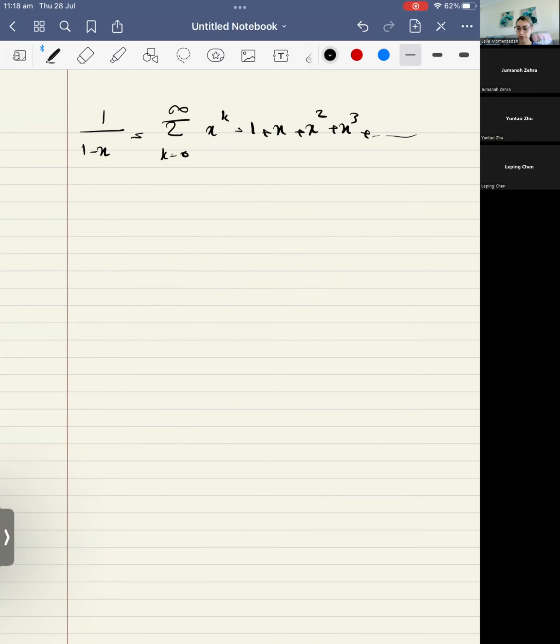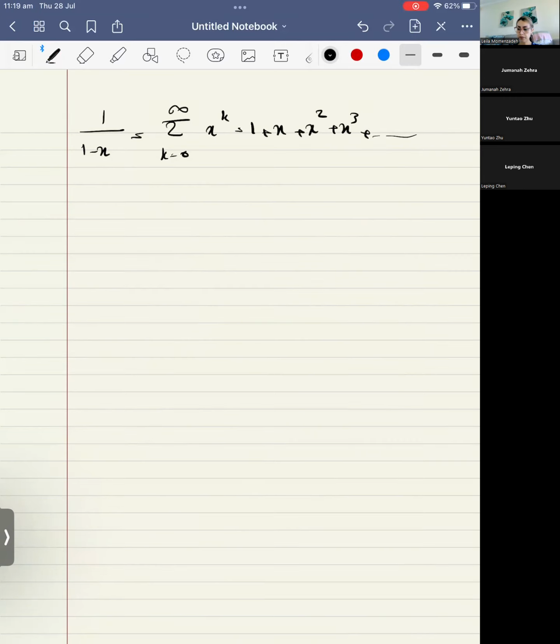Okay, now you have the list of these series that you can use. You can see e to the power x here, you can see sine x here, cosine x here. I explained for you how we can find e to the power x, sine x, cosine x. Now you can use these series to find your answer in the other series.